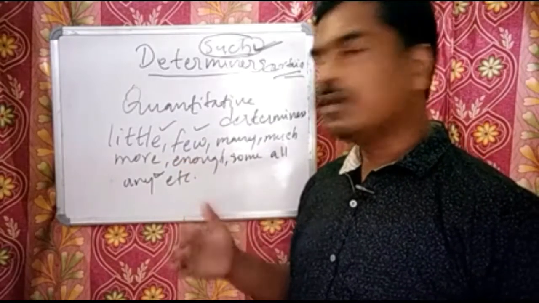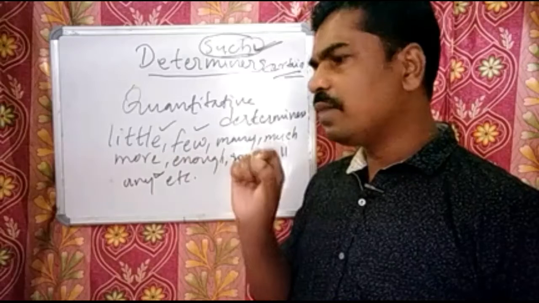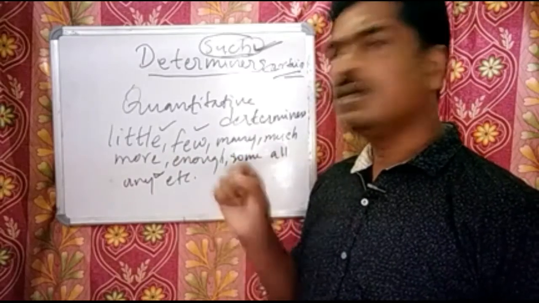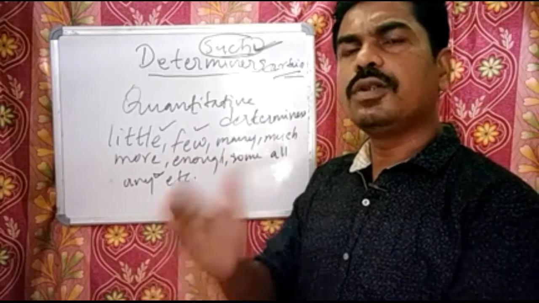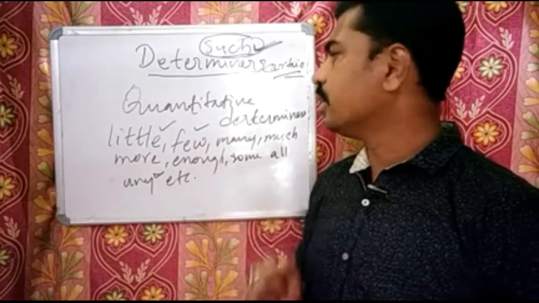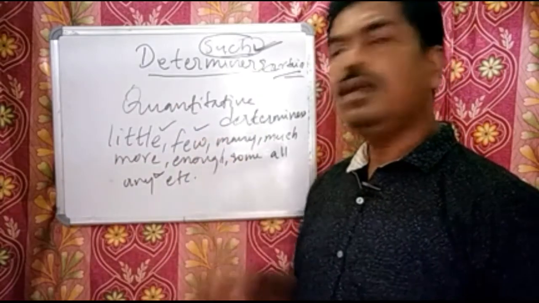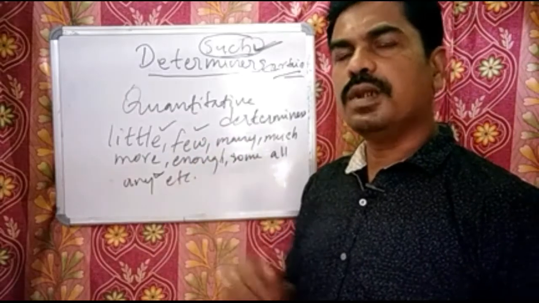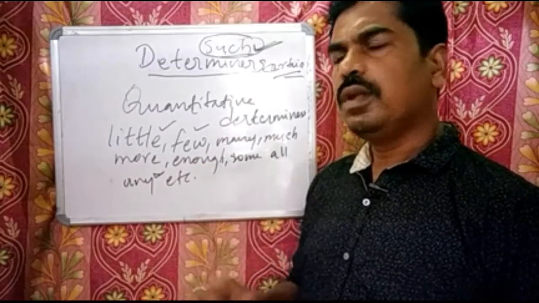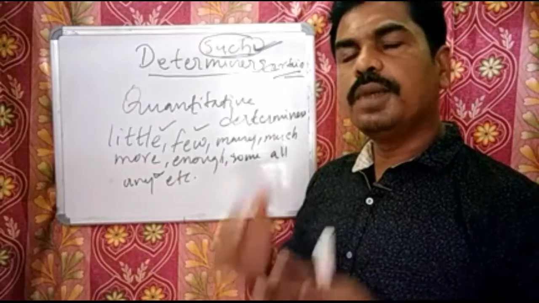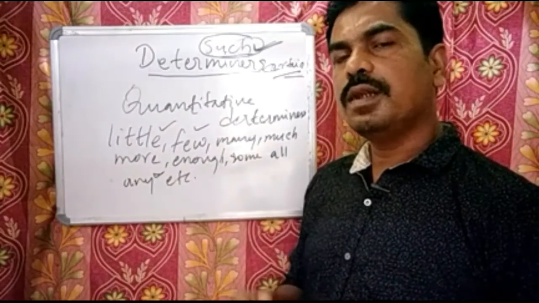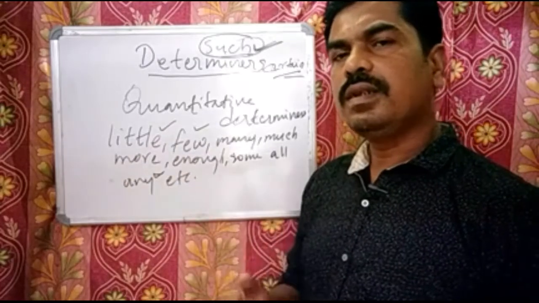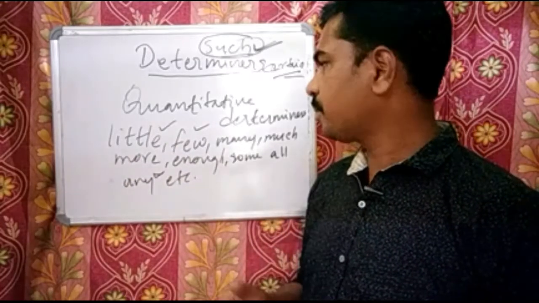As I told you, when you talk about a very small quantity, a little, and when you already know that there is a small quantity and you talk about that, then you will use the little. Similarly, the few. He has a few friends, means just one or two. And when I already know that he has a few friends and I talk about them, I'll say the few friends he has are all very good.